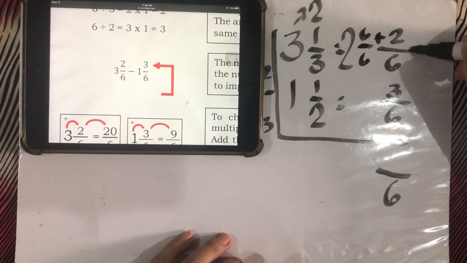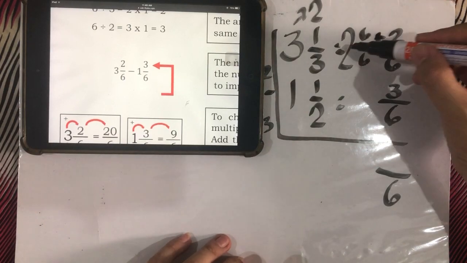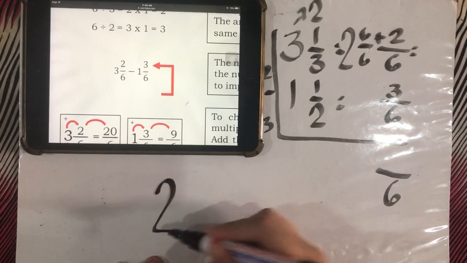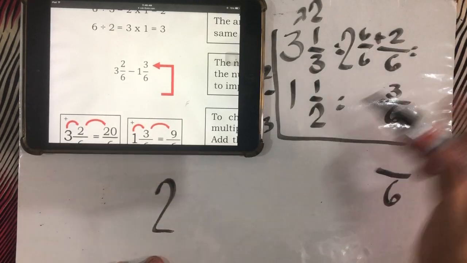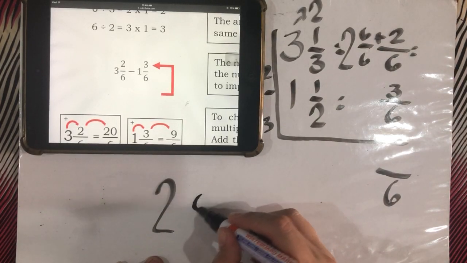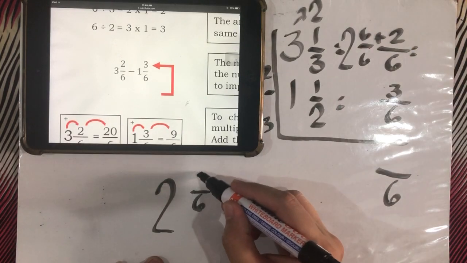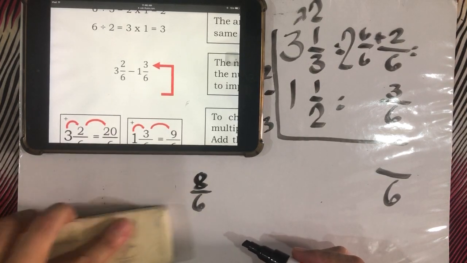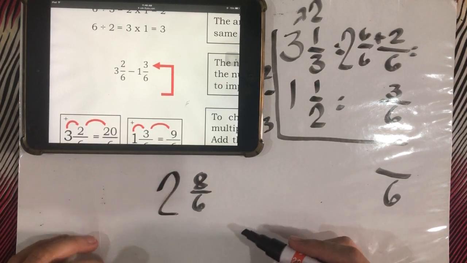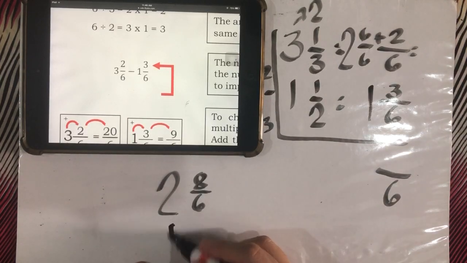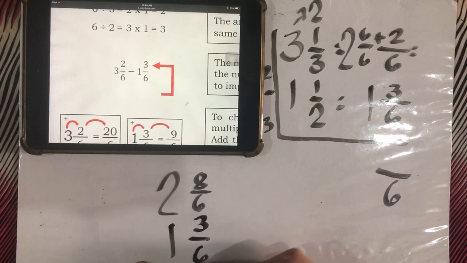And then, add. So you have the 2 here, and the same denominator, so just copy it. 6 over 6 plus 2, you have 8. Right? And then copy what remains, 1 and 3 over 6. Okay?